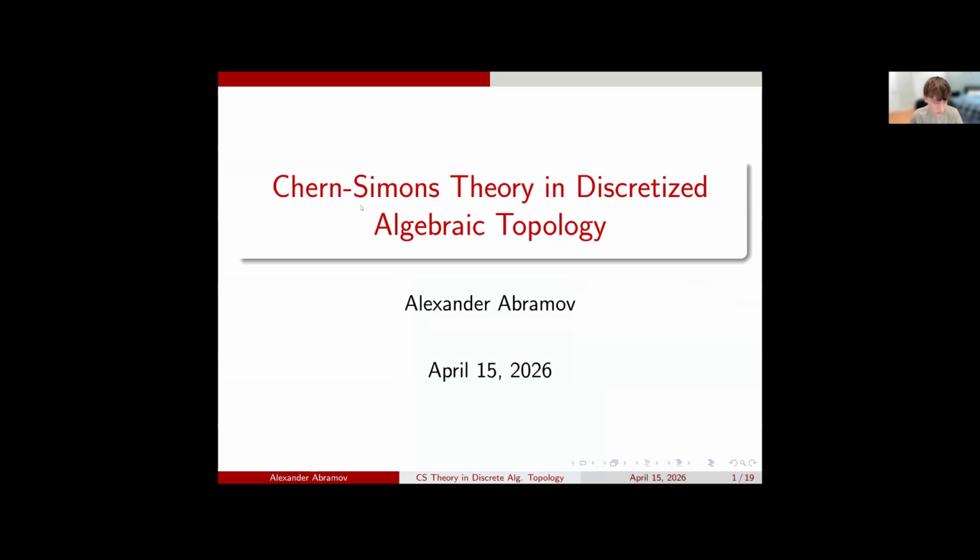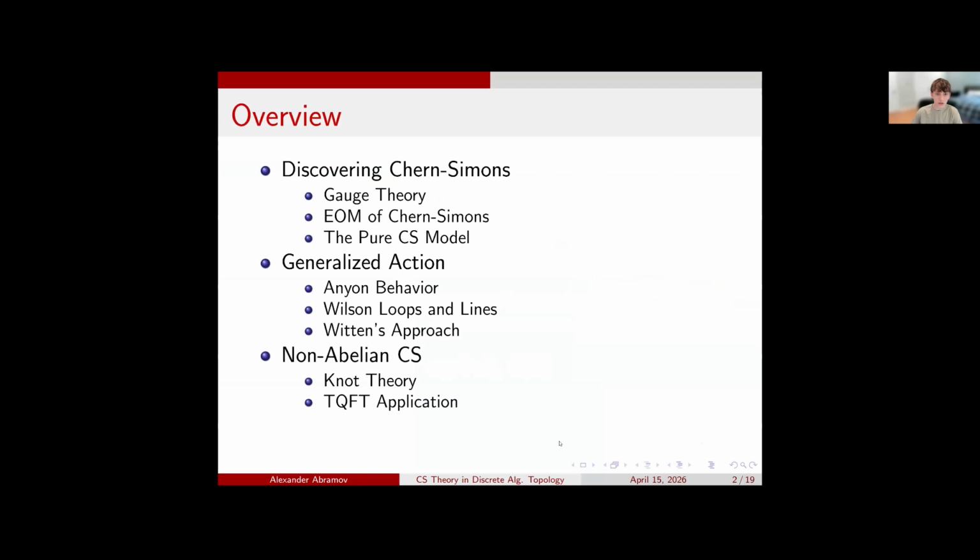My presentation is on Chern-Simons theory in discretized algebraic topology. First of all, here's an overview of what I'm going to cover. I'll start off with discovering Chern-Simons theory, with topics like an overview of gauge theory, covering the equations of motion of Chern-Simons and the pure Chern-Simons model.